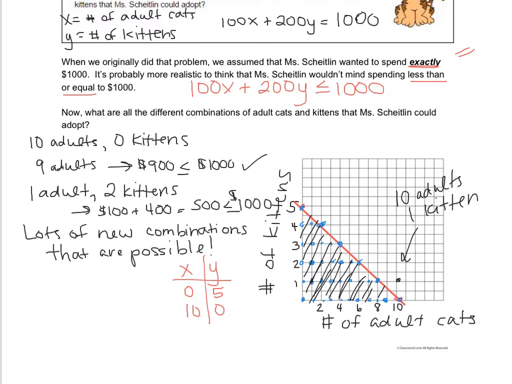Well, 10 adults is 10 times $100, that's $1,000, plus 1 kitten, that's $200. This is $1,200. This is not possible. So if you try any point on this other side, it's not going to work. This shading shows us that any of the points underneath the red line are possibilities of combinations.